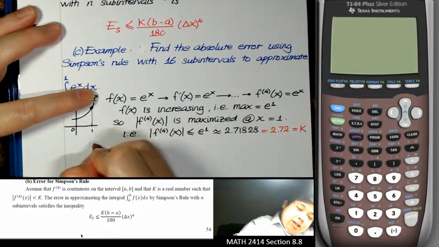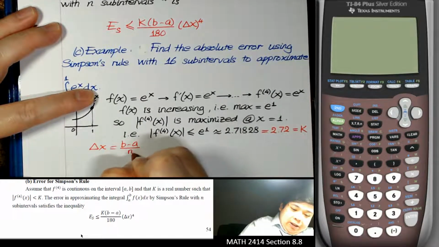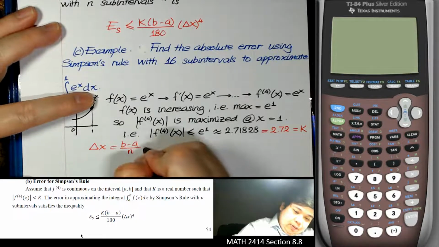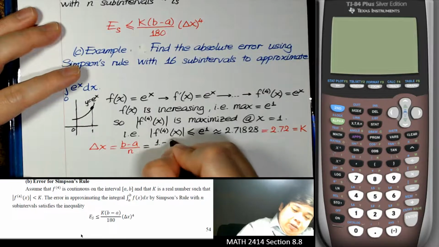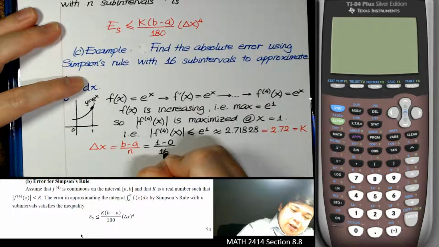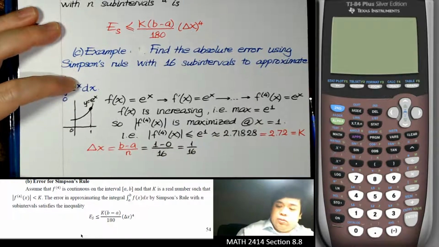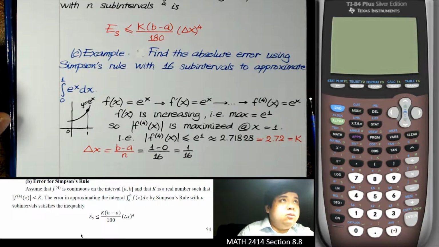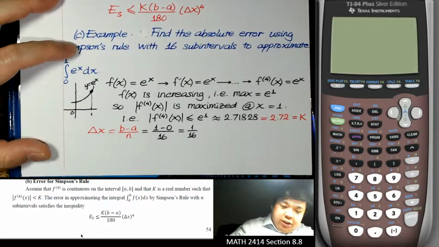Delta x, as always, is b minus a over n. And then we have everything, just put it in that formula.